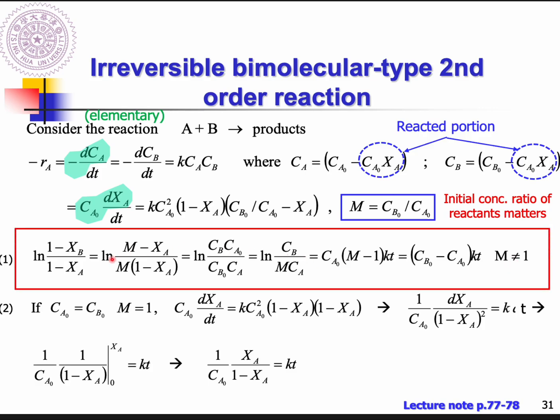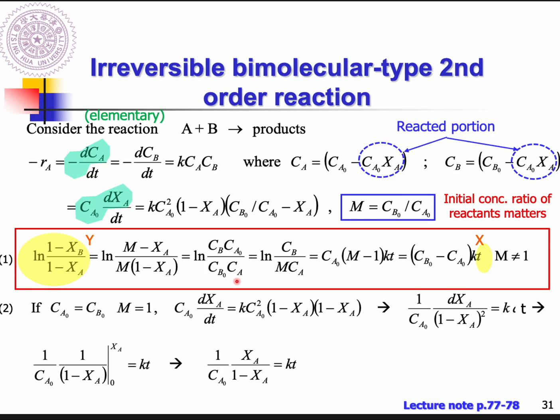In this case, if you take this as y and t as x, and your equation belongs to a second order reaction with initial concentrations of reactants not the same, then you should get a straight line. The slope will be equal to k times (CB0 minus CA0).